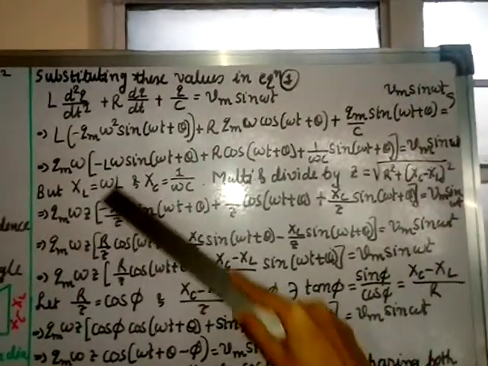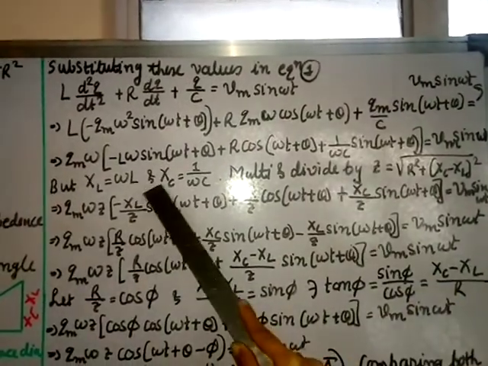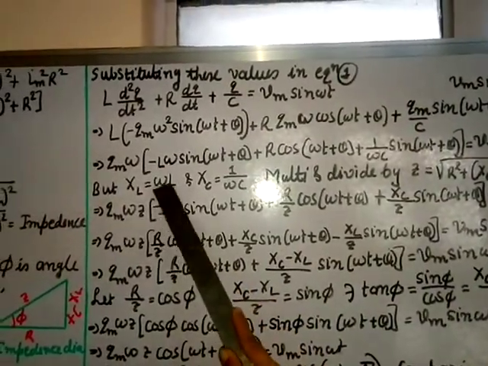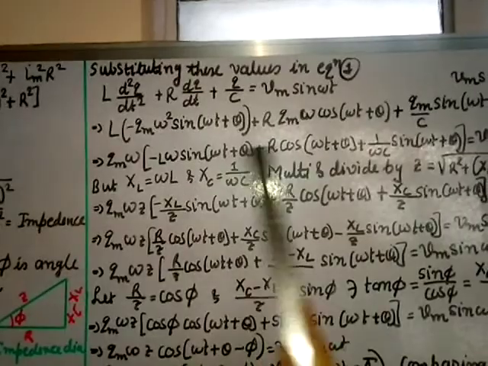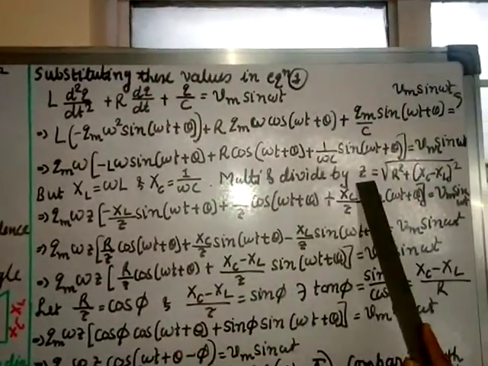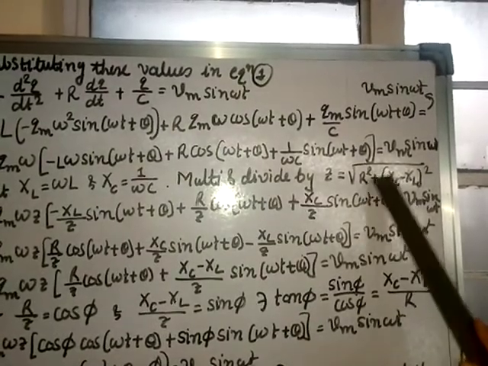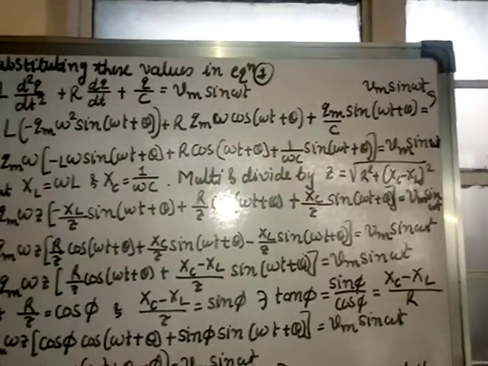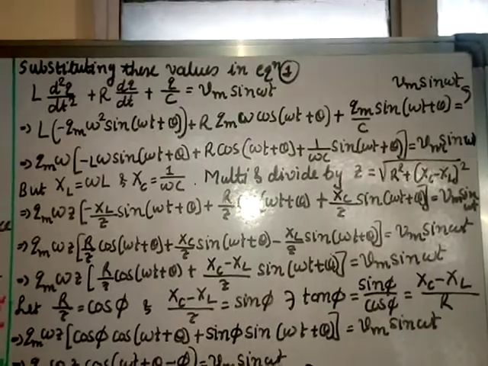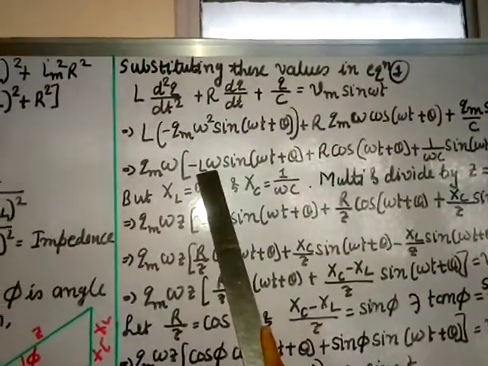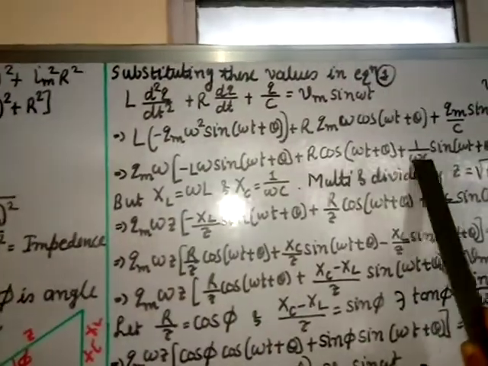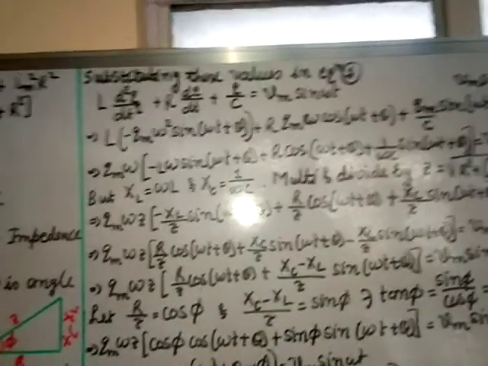But we know that 1 by omega c is xc and omega L is xl. Also we will multiply and divide by z, the impedance, which we already derived: z equals the square root of r square plus (xc minus xl) whole square.